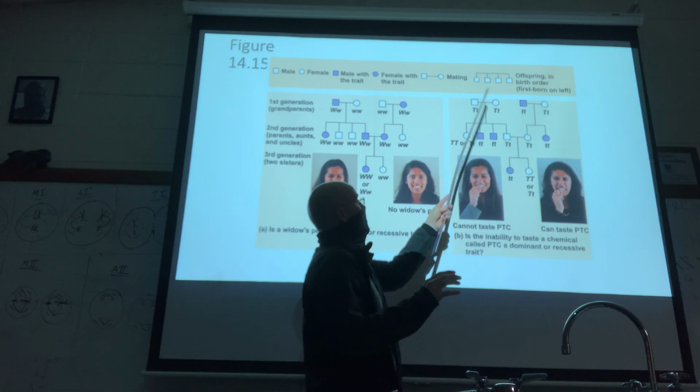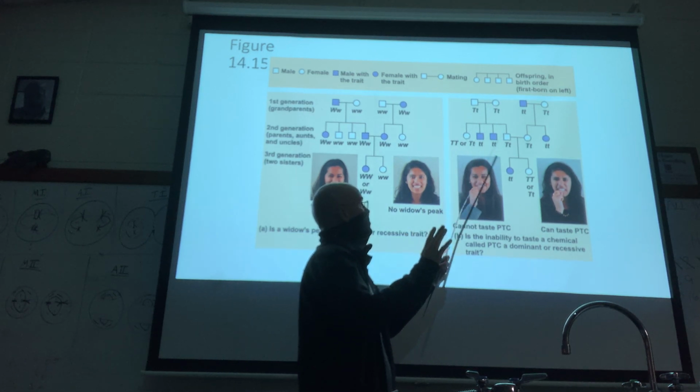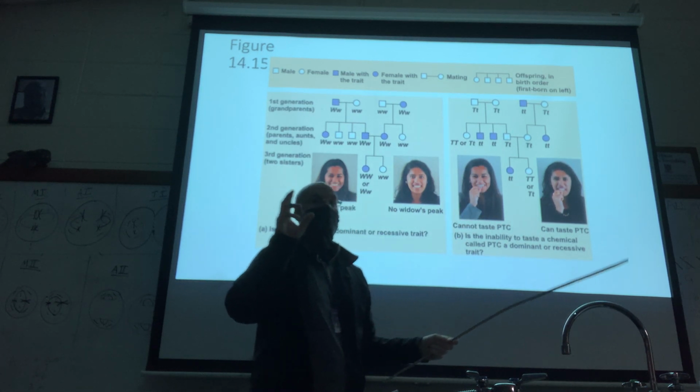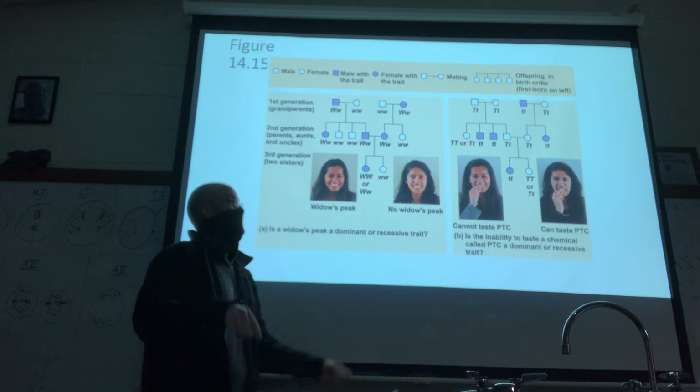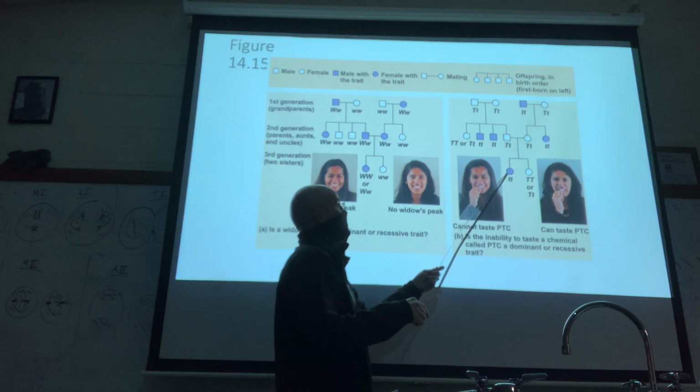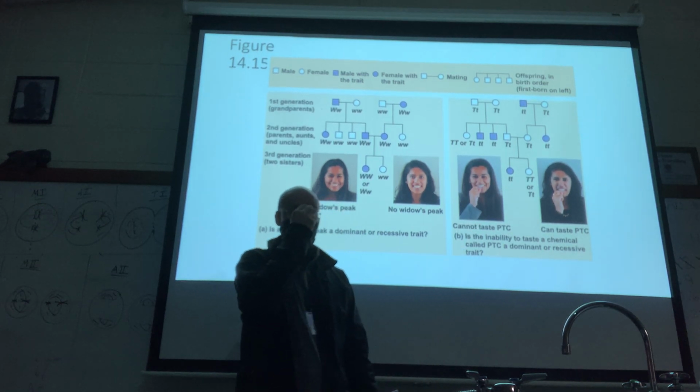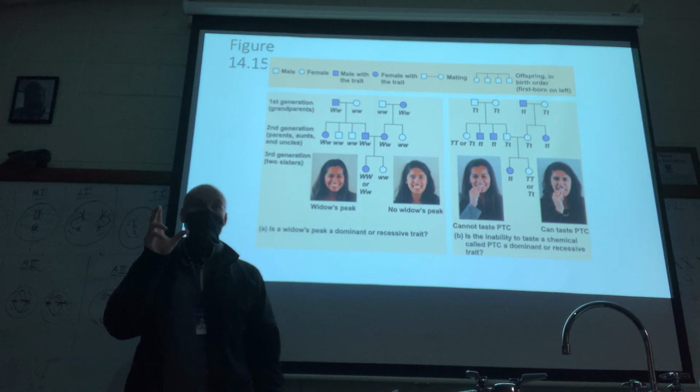What mating, what parent-child or parents and children connection can you point to that proves that in this pedigree the shaded trait is recessive? Is there something you can point out?